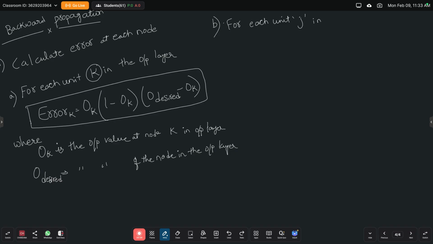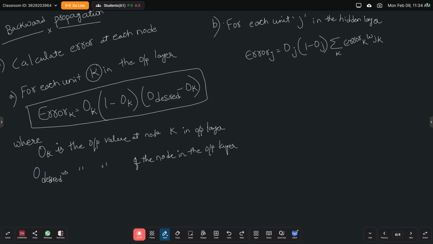j is in the hidden layer. Next, the formula to find the error in the hidden layer is error j equal to oj into 1 minus oj, into summation of k error k wjk.